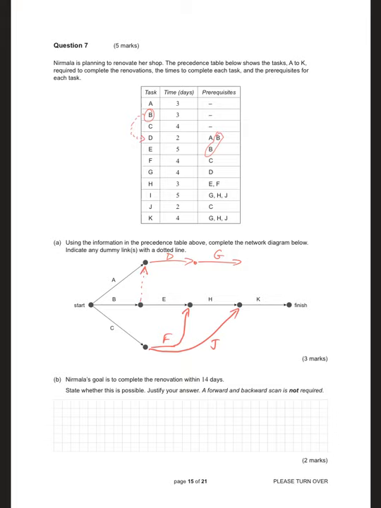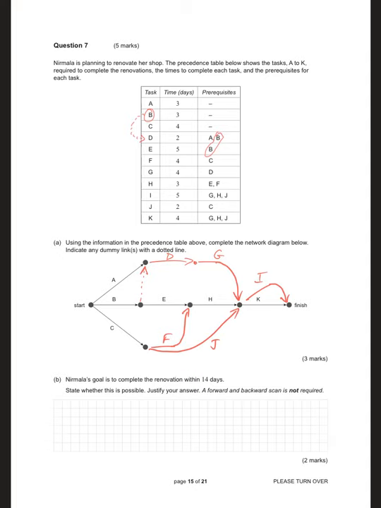But K requires G, H, and J. They're not connected right now. So G, H, and J all go into K. And I requires G, H, and J as well. And then I is not a prerequisite. K is not a prerequisite. So I goes to the end.